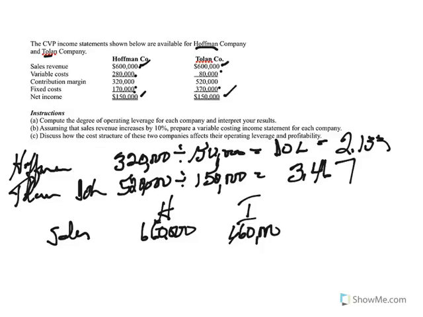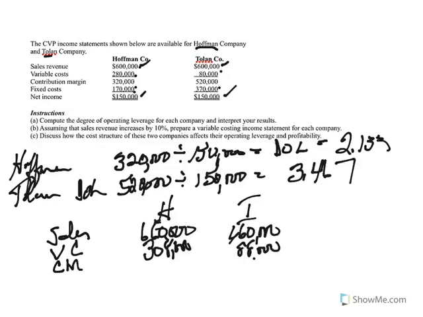However, the variable cost will go up 10%. So the variable cost for Hoffman would be 110% of 280, which would be $308,000. For Tolan, it would be a 10% increase on the $80,000, which would be $88,000.